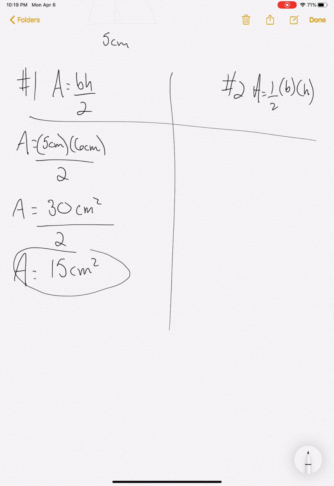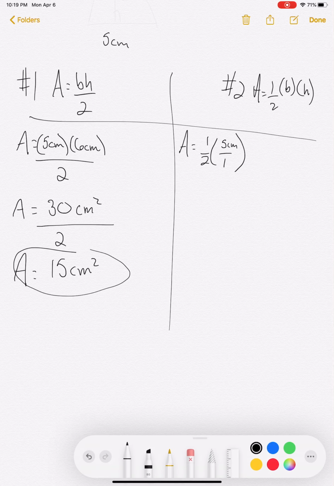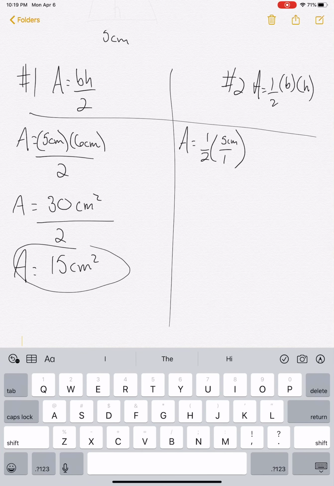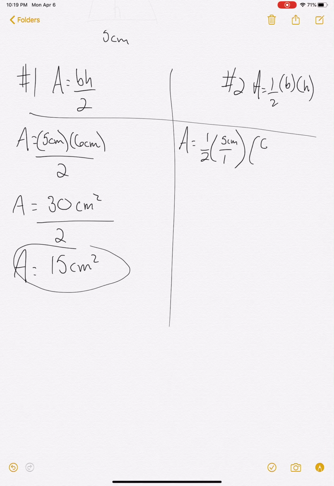So our second formula is going to give us the exact same answer, but we're just going to write it out a little differently. So our area is equal to 1/2 times our base, which is 5 centimeters, and we're going to throw that over 1 just for our sake, so it makes it a little easier in the end, times our height, which will be 6 centimeters over 1.